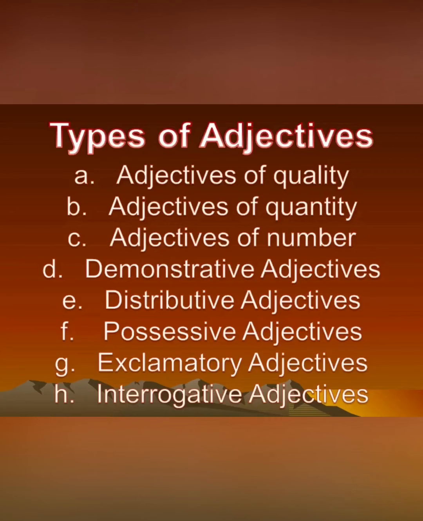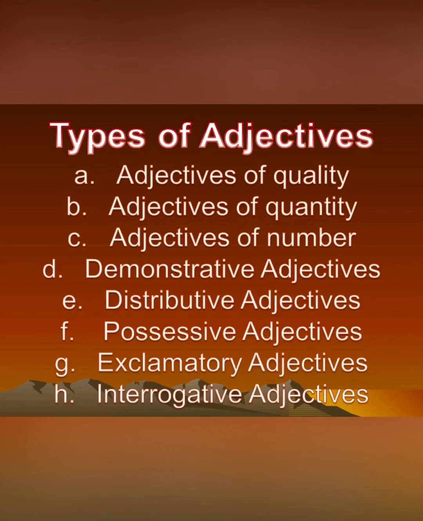Let's see the different types of adjectives. We have adjectives of quality, quantity, number, demonstrative adjectives, distributive adjectives, possessive adjectives, exclamatory adjectives, and interrogative adjectives. Let's discuss some of them in detail.